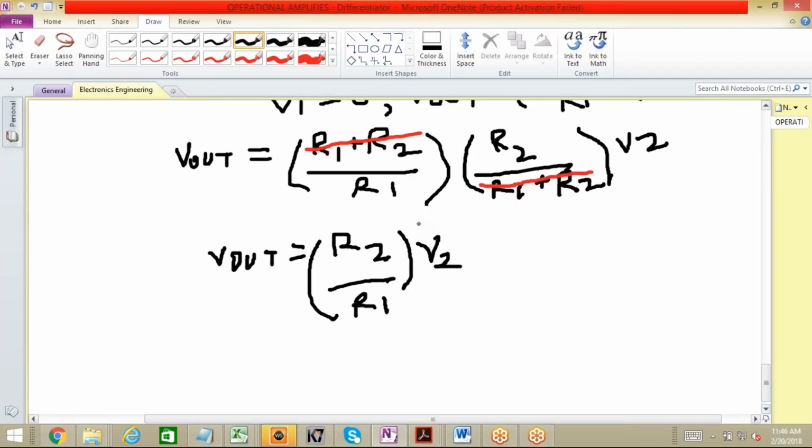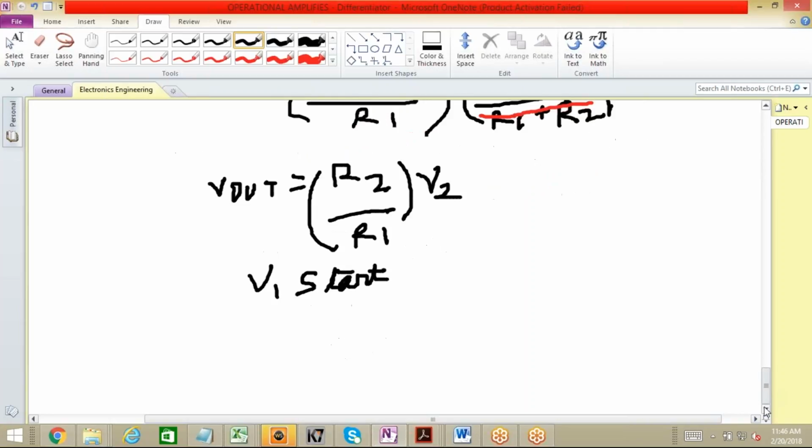Now in this case again, let's say we supply a voltage to V1. That means I'm going to supply the voltage on V1. Now what will happen? In this case, V output will be equal to R2 upon R1 times V2 minus V1.